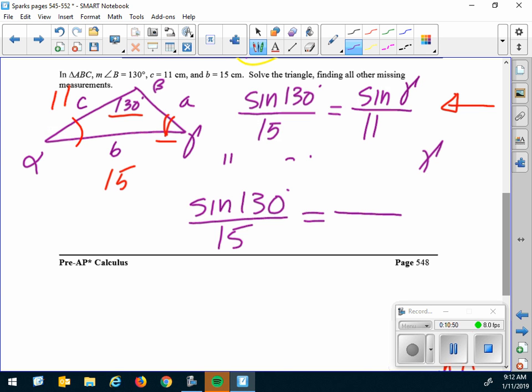Sine of alpha over A. Now remember, you have this stored in A. So let's solve it.